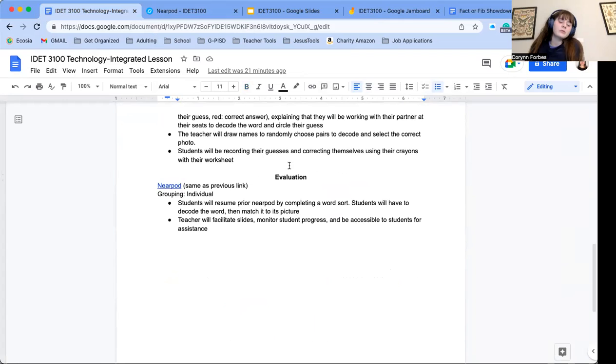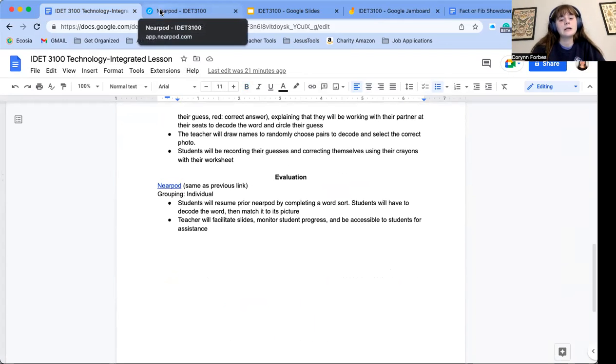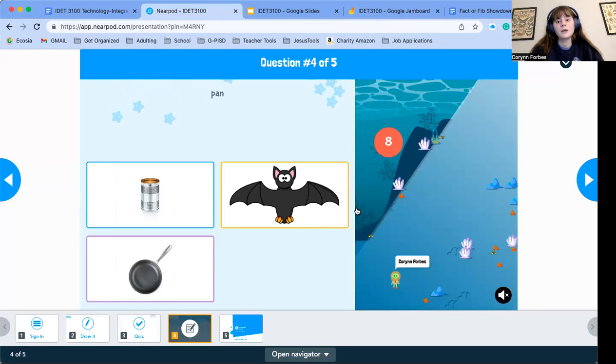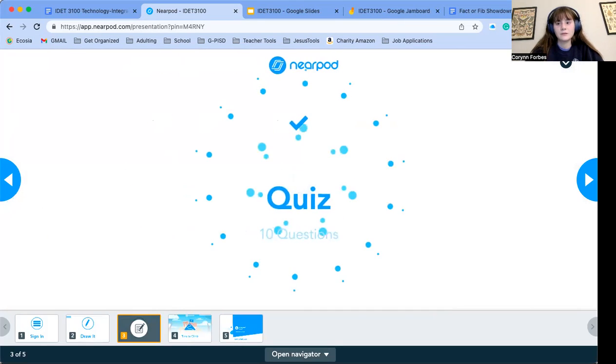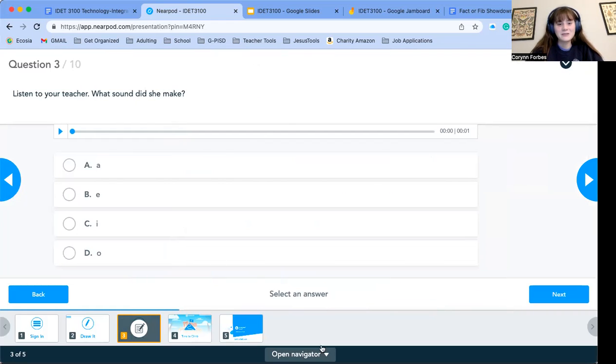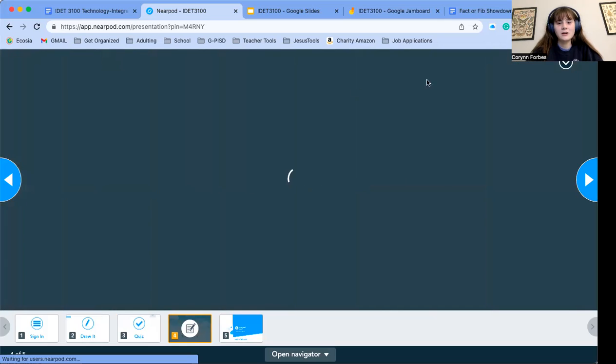Okay, and then after that, we're moving into the evaluation portion of the lesson, and this is where we go back to the Nearpod. This is going to be an individual assessment, and oh gosh, we have a timer going. How did that happen? Let's see if it will reset. It's a friendly competition where students are timed. I put a minute timer on there.